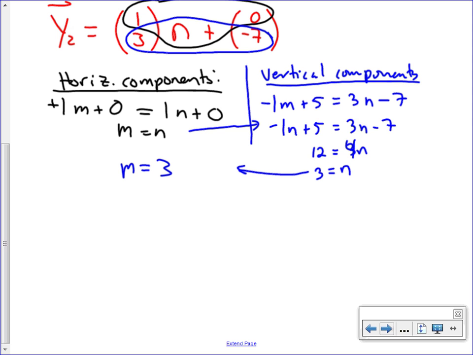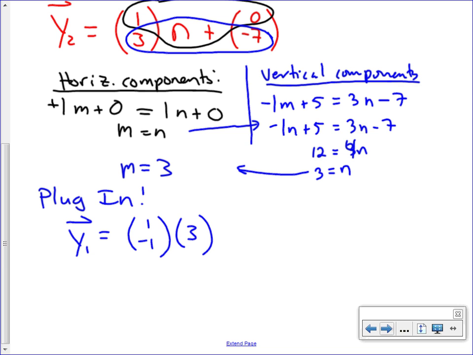True? Okay. Now we got to plug these in to the actual equation. The equations are, y1 is 1, negative 1, and m is 3, so times 3 plus 0, 5. And with vectors, if there's a scalar, then you just multiply the scalar to each component.